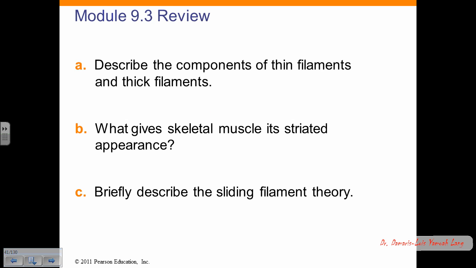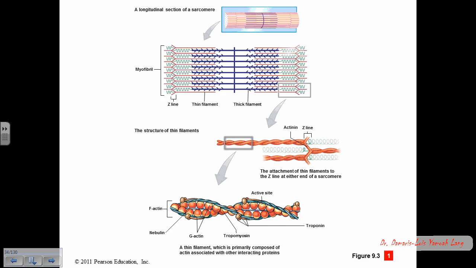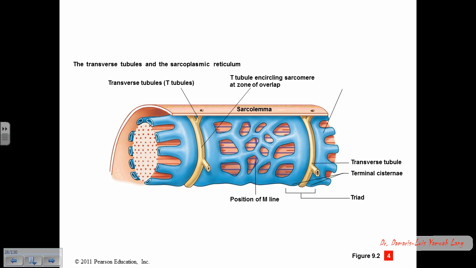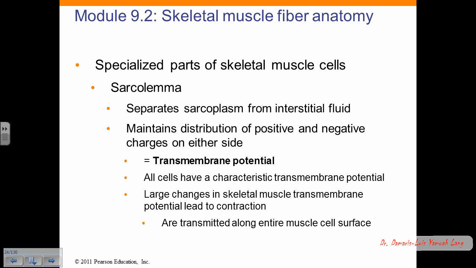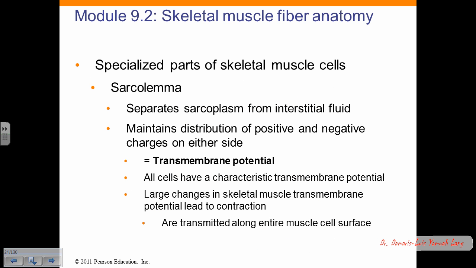So let's go back to where we were. Okay. So again, sarcolemma is the plasma membrane. Inside is sarcoplasm. It helps to transport transmembrane potential, which brings about impulse.